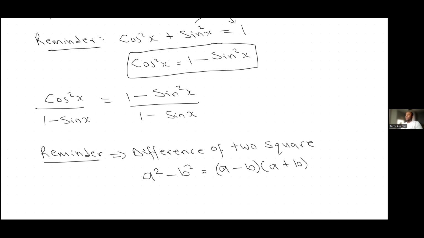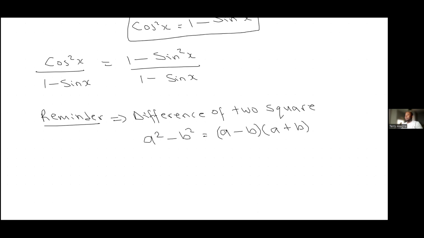If you look at 1 minus sine squared x, I can break it down like a difference of two squares, because this is the same thing as saying 1 squared minus sine x all squared. 1 squared is 1, and sine x all squared is the same thing as sine squared x. So applying the difference of two squares, 1 is the a and sine x is the b. It is going to be equal to 1 minus sine x multiplied by 1 plus sine x.